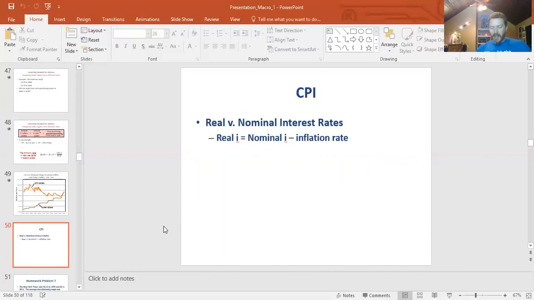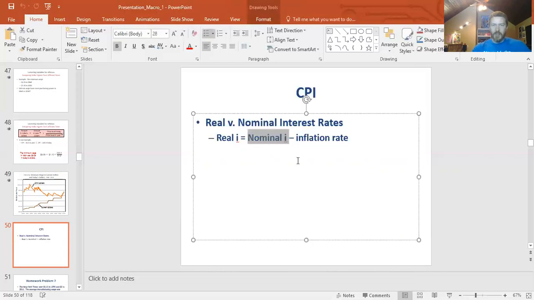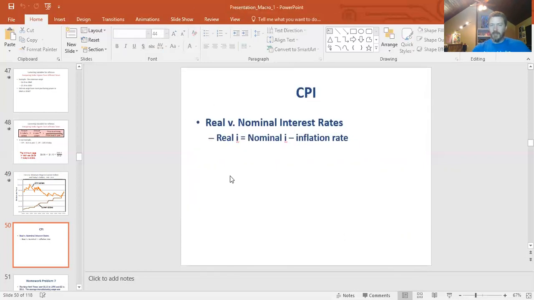The calculation here is very simple. It's just subtraction, but you have to remember to do it. You have to be mindful of it. You start out with the nominal interest rate, the posted interest rate, and simply subtract from it the rate of inflation. That gives you the real interest rate. So if you earn 5% interest at the bank, but inflation was 3% over the year, just subtract one from the other: you can only buy 2% more stuff.